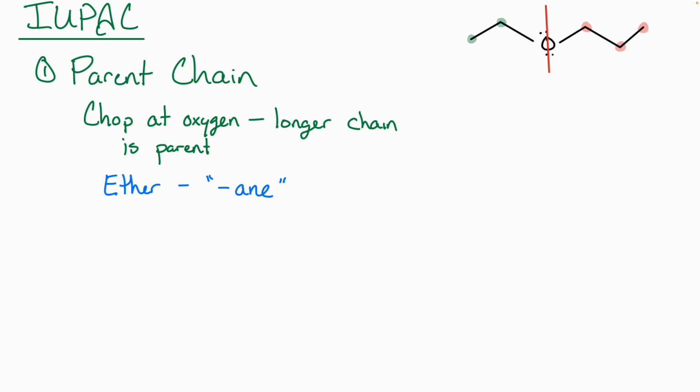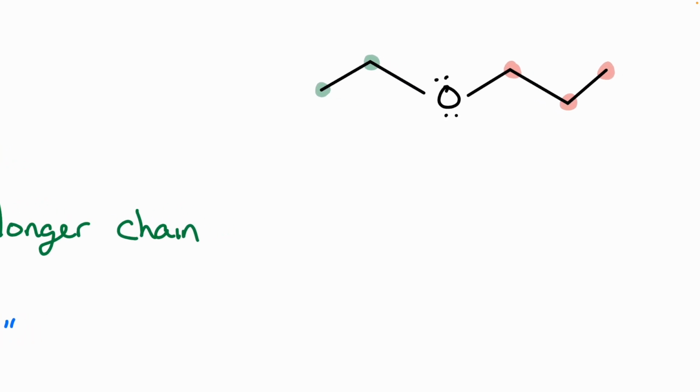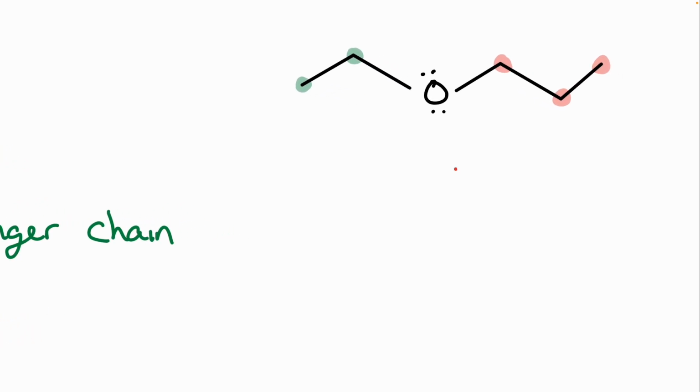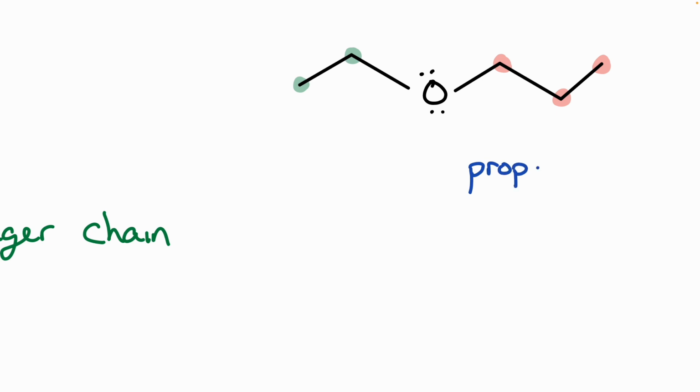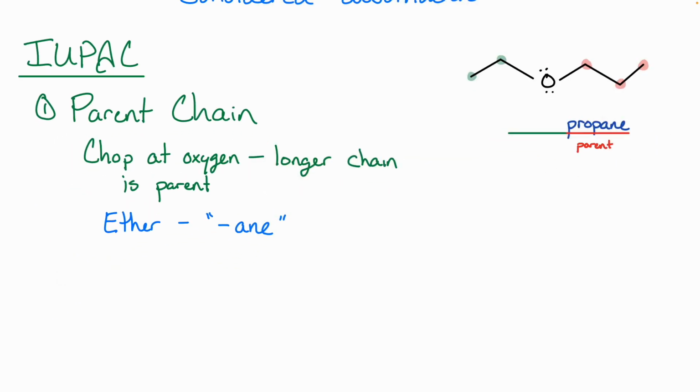All right, so my 3-carbon parent chain here would be what? Propane. And that is my parent. So the other part, the ether part, is going to sit out front here. Okay? So now when we get to substituents, this is how we're going to deal with our ethers.